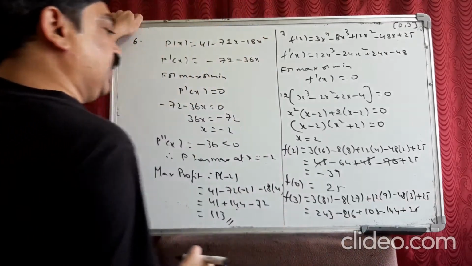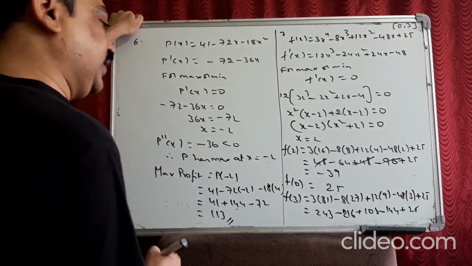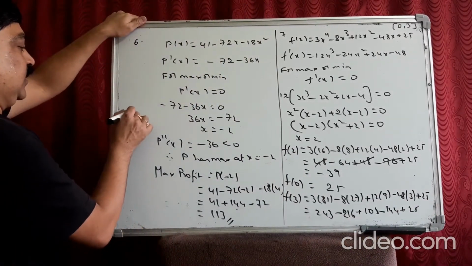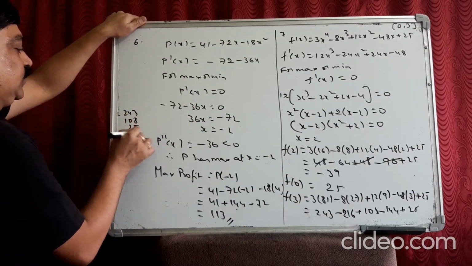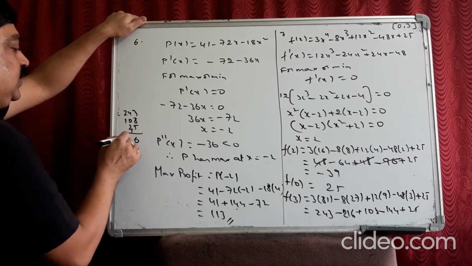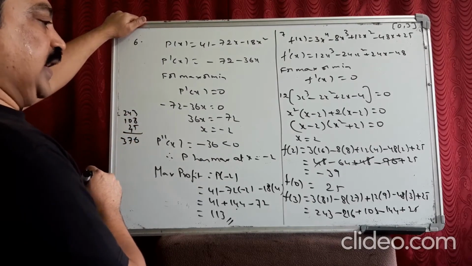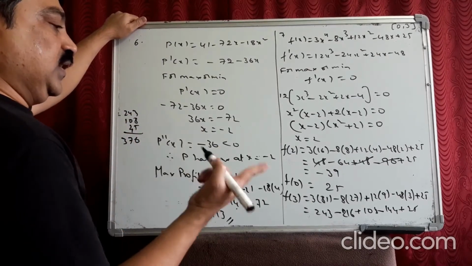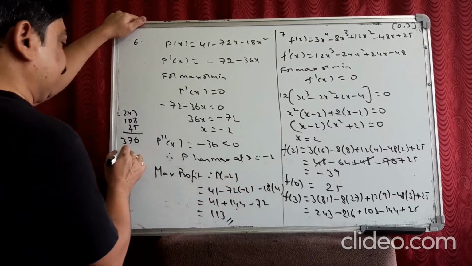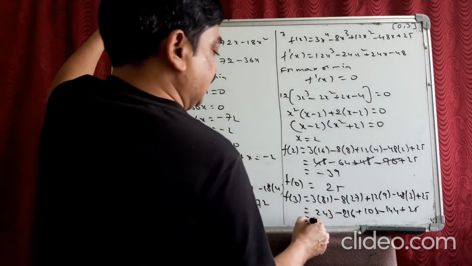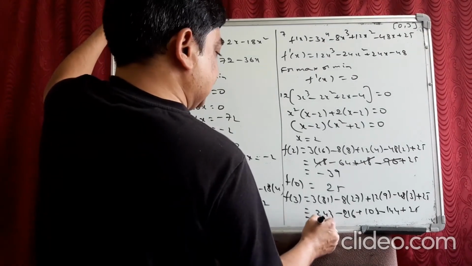Let us add all the positive values: 243, 108, 25 gives 376. Next, the negative values: 216 and 144 give 360. 376 minus 360, it is 16.